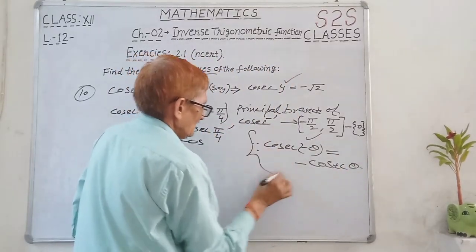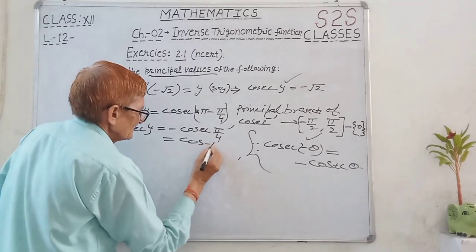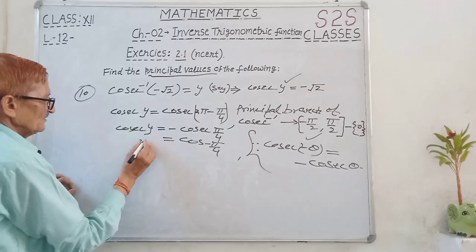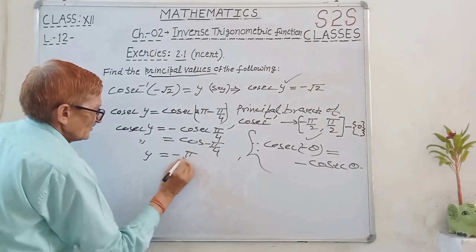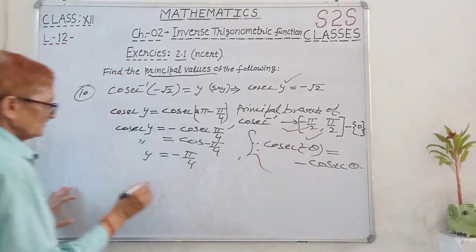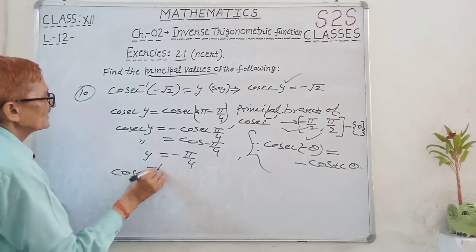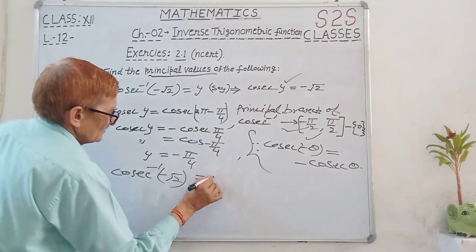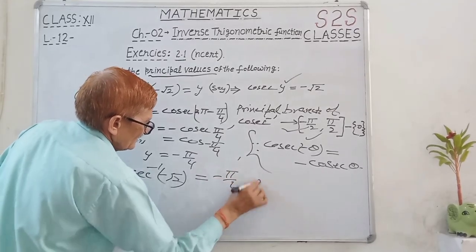So we can write cosec of minus pi by 4. Now y is equal to minus pi by 4, and it is in the branch, so cosec inverse of minus root 2 will be equal to minus pi by 4. Answer.